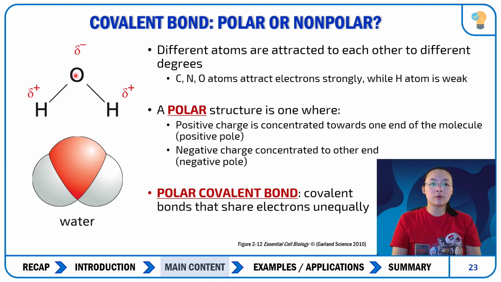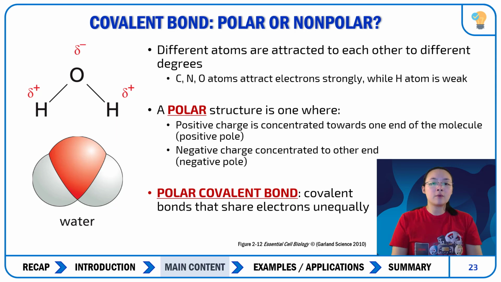So we have an electronegative region in the red area here, and we have an electropositive region in the white area here. The symbol delta just represents a partial charge. So there's a partial positive charge here at the hydrogens and a partial negative charge at the oxygen.